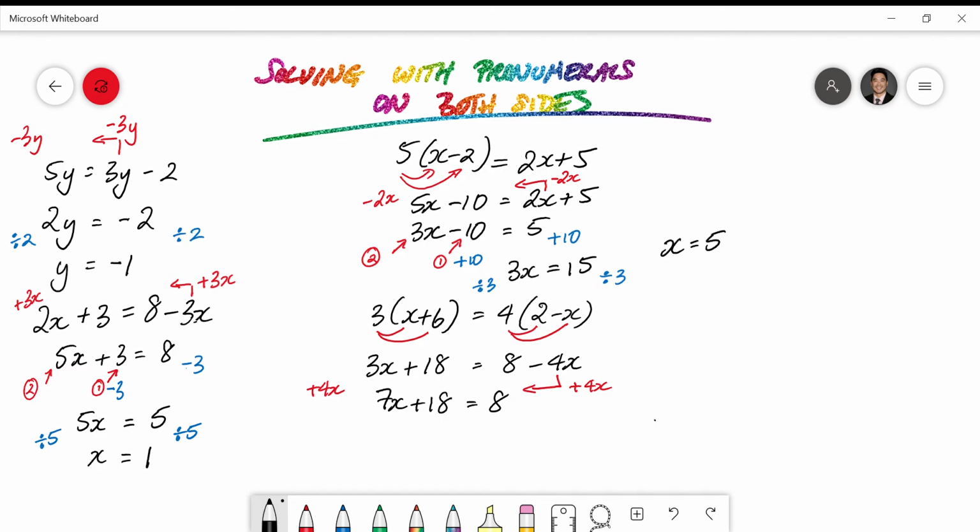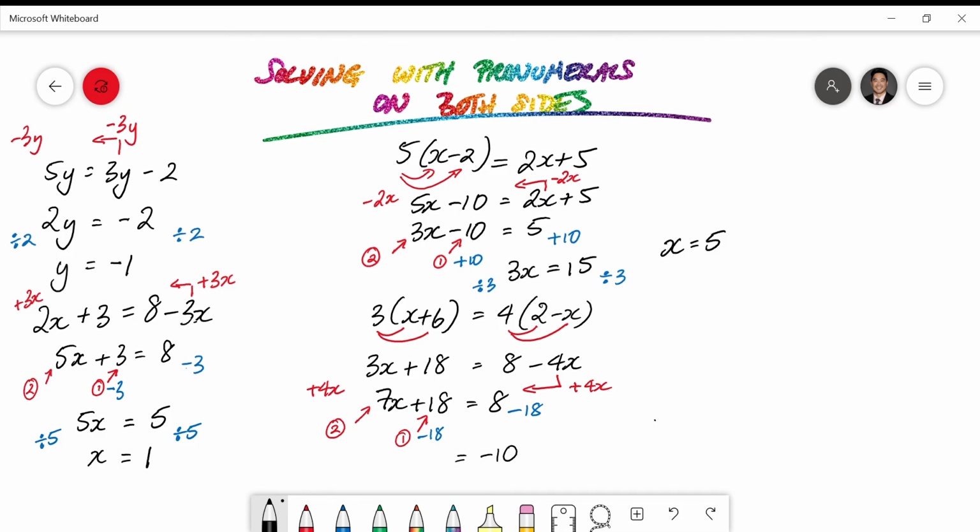So we got 7x plus 18 equals 8, and the two numbers we need to eliminate is the 18, which will be first, and the 7, which is second. To get rid of the 18, we take away 18 from both sides. Okay, so 8 minus 18 is minus 10. So in terms of a direction and how you deal with negative numbers, again, please remember what's happening.